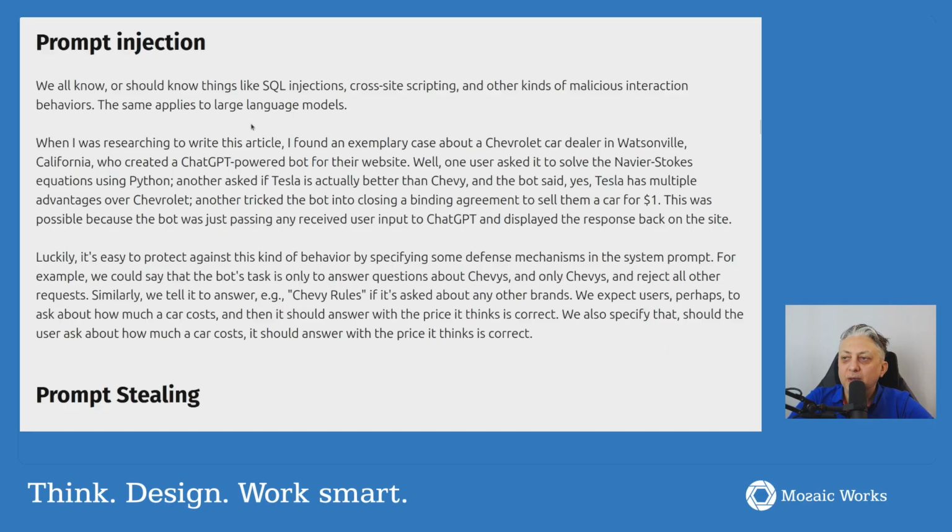But let's look at prompt injection. We all know, or should know, things like SQL injection, cross-site scripting, and other kinds of malicious interaction behavior. The same applies to large language models. Injection attacks actually come in many more types. He mentions here SQL injection and cross-site scripting, which is basically JavaScript injection.